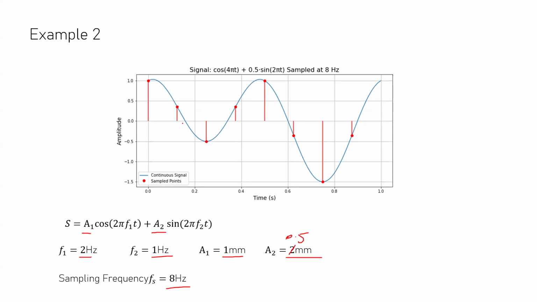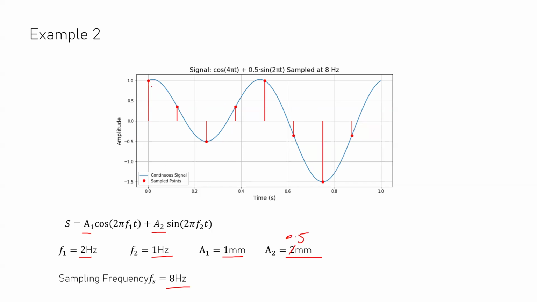So we are detecting the samples with the sampling frequency of 8 Hertz. So for this 1 second collection, we have 8 samples.